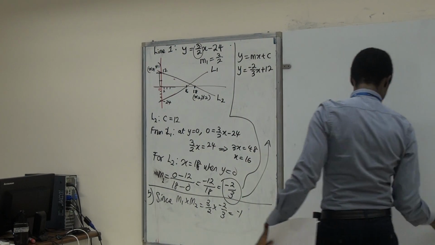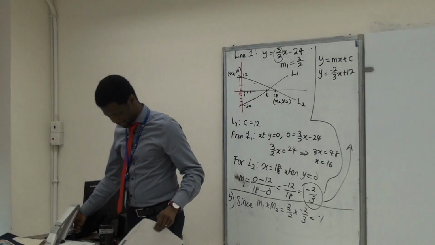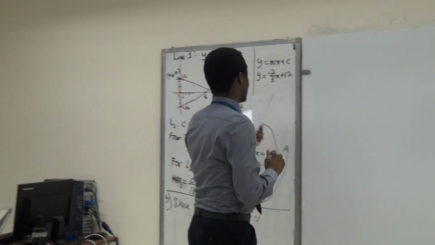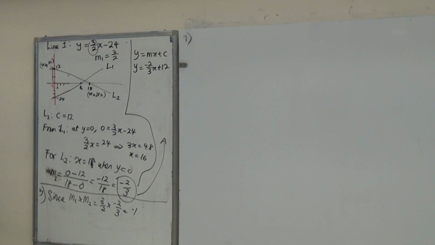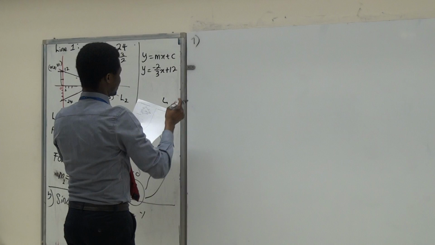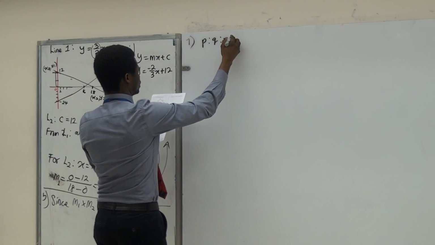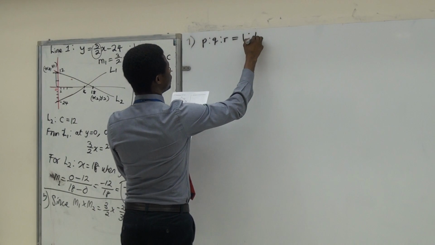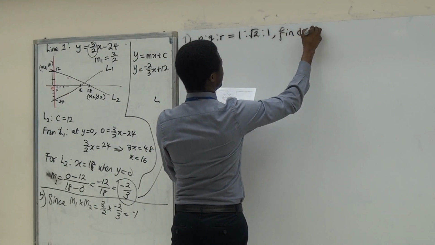I need everybody's attention on this question. The question says, question 7, cosine rule worksheet given this Monday. Okay. The question says P ratio Q ratio R in any triangle is 1:2:1.